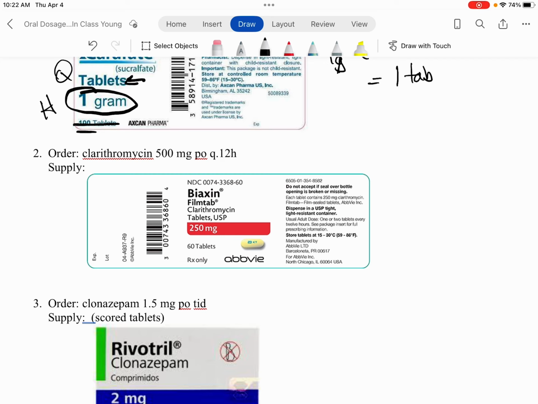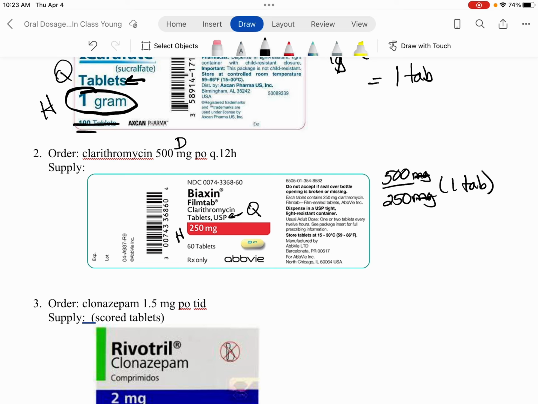So my desired, my D, is my 500 milligrams, what the doctor ordered. My have is the weight of my medication on the label, and my quantity is, in this case, per tablet. So it's 1 tablet. So then, setting it up, my desired 500 milligrams over 250 milligrams per 1 tablet.